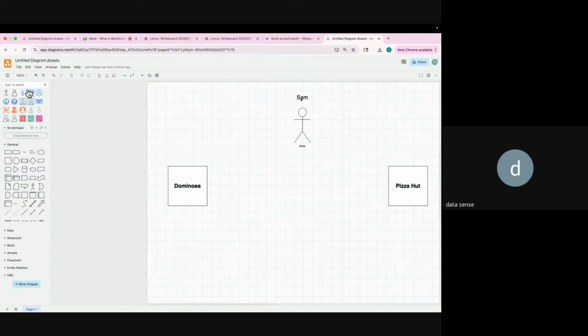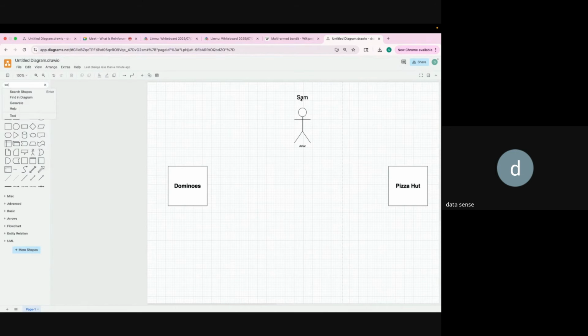So can I say that initially the probability of Sam going to each of them is 50-50%? Can I say that? Yes. Because he has no bias initially. So the probability of selecting each is exactly what the multi-armed bandit that we were doing, just that here we have only two options. Okay. So the probability of Sam going to Domino's or Pizza Hut is 50-50%.